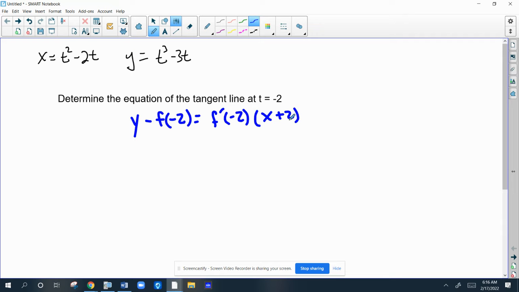Now, these are t values I plugged in here, so it's not really a valid tangent line equation based off it being functions, but here's what we're looking for.